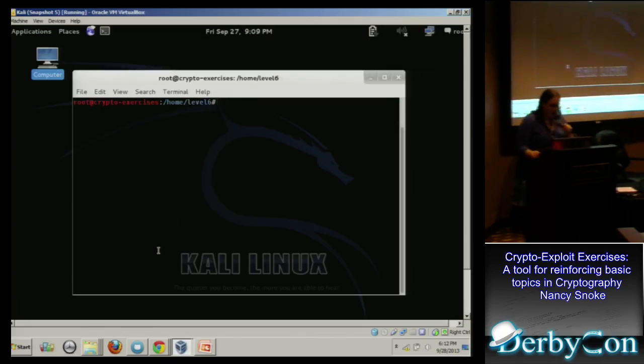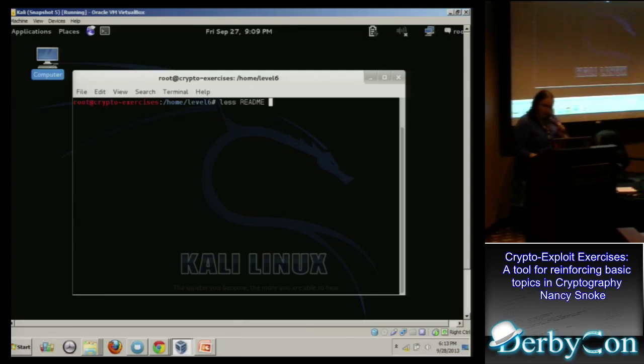But that's okay. So the first step, as I said, in going through the problems is to take a look at the README. And some of these problems can be done with pen and paper, and some of them have to be done using tools, or you have to write your own scripts.